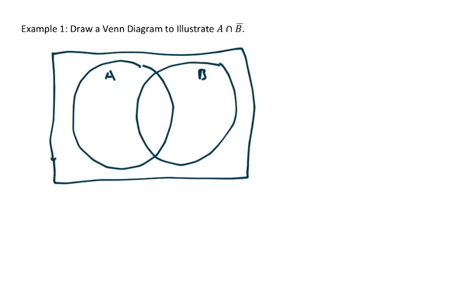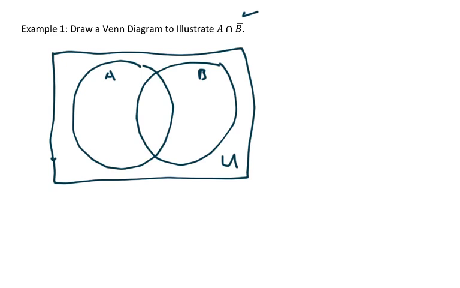In the order of operations of sets, complements come before intersections. So the first thing I need to do is look at B complement. B complement means all elements that are in the universal set but are not in B. So let's see if we can explore that.